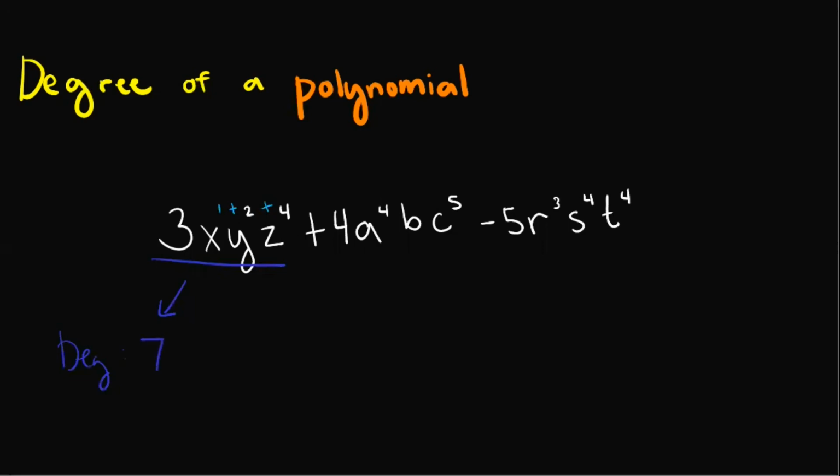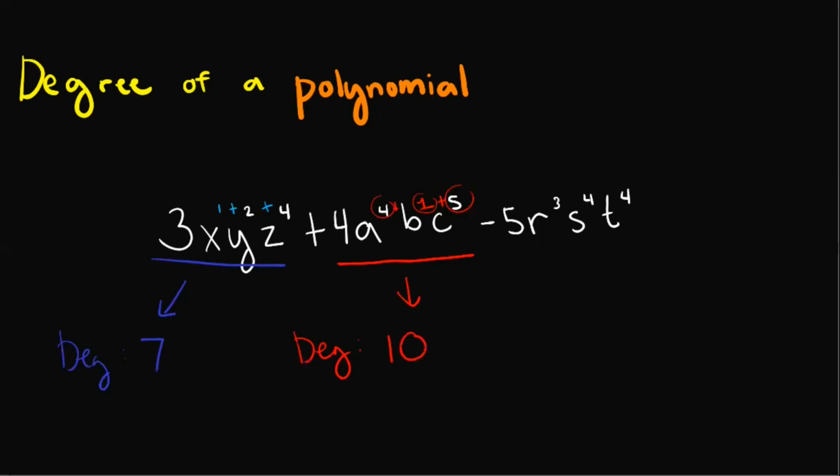For the next one, we have the exponents of the variables a, b, c. So 4 plus, since b doesn't have an exponent out here, we know that it is 1 by the identity exponent property. Then we add 5. So 4 plus 1 plus 5, that would give us 10.